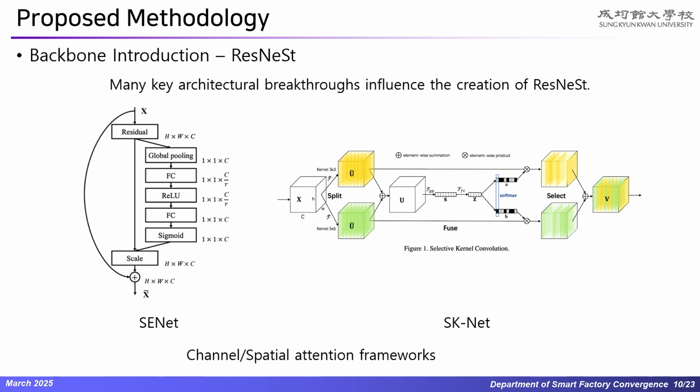This means that the network can adaptively decide which kernel size is more relevant for a given input, similar to Inception's multiscale approach, but with an attention-based selection. Overall, SKNet introduced a more dynamic approach to handling features from various receptive fields, blending them with a trainable attention mechanism. Together, SENet and SKNet gave the field powerful ways to emphasize important channels and spatial features, providing a direct blueprint for ResNest's own split attention design.